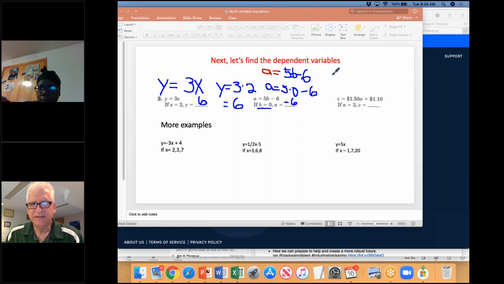Okay, moving on to the third one here. Can you see it, or do you want me to write it out in blue? I see C equals $1.50, right? Yes, $1.50. I don't know what that little letter is.